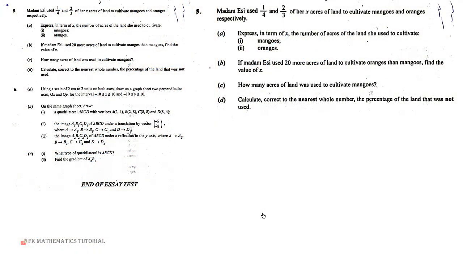So we have the fifth question here. Madam Essie used 1/4 and 2/3 of her acres of land to cultivate mangoes and oranges respectively. So we have BECE 2023 Mathematics paper 2, question number 5 here.